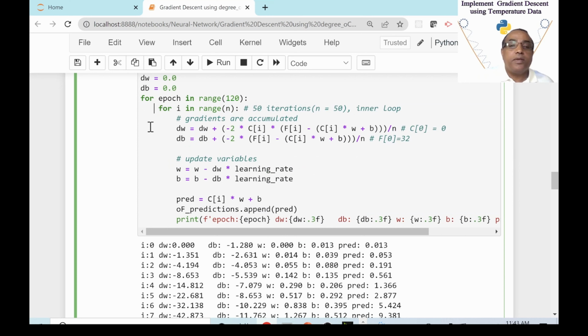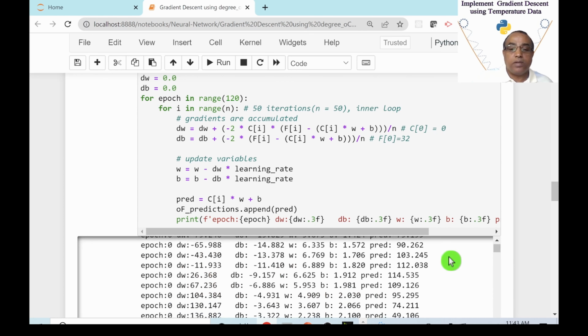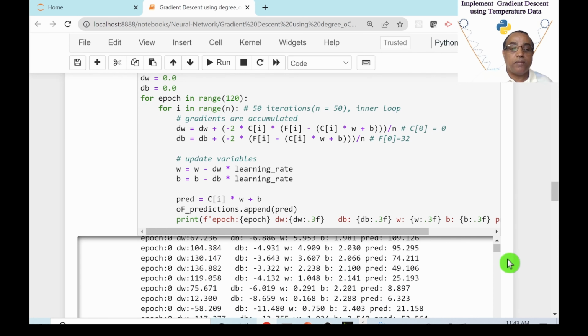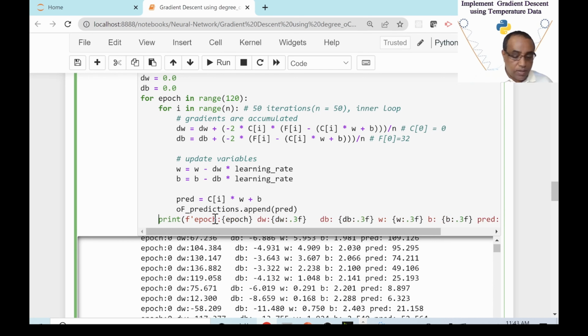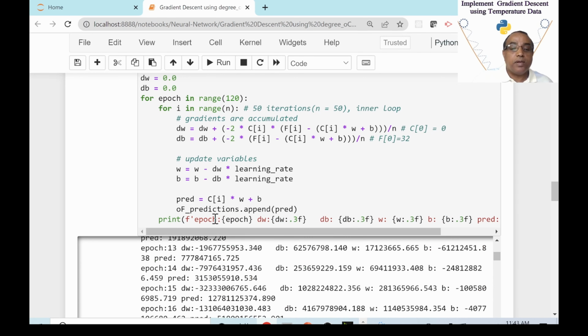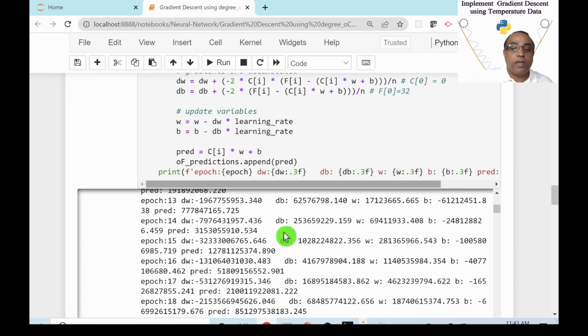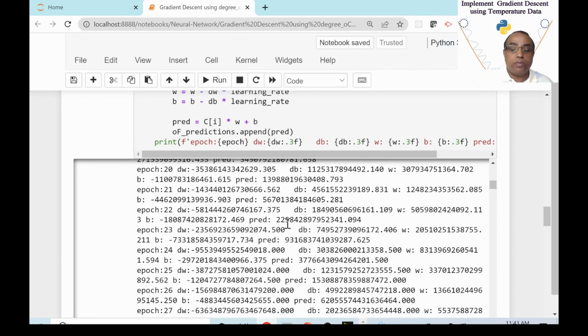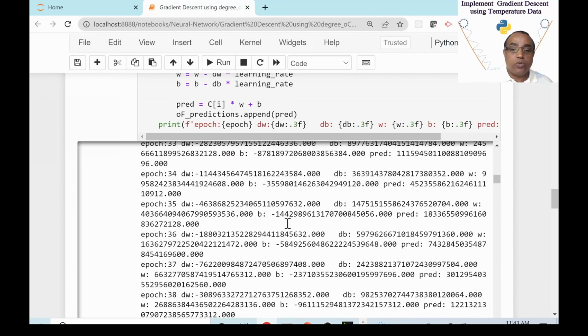Okay, so let's see what happens. Let's run this cell now. Shift plus enter. Oh, so we need to put this one back. So what's happening?